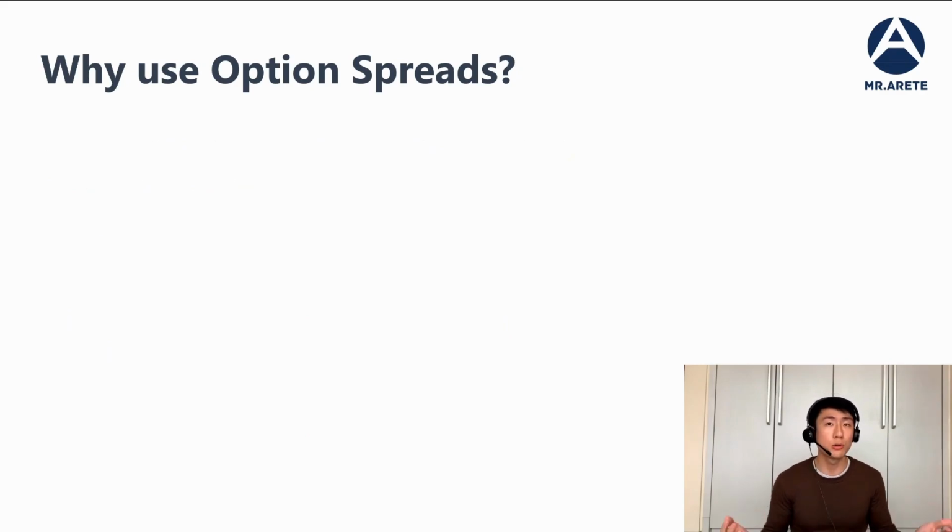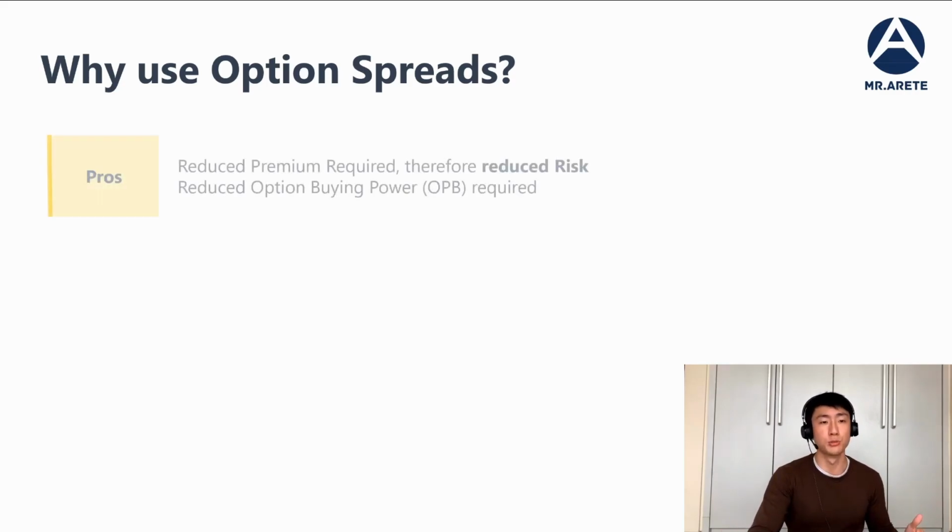So why do we want to use option spreads? First and foremost, option spreads are a core part of my options trading toolkit, and therefore it's important to know why we're doing it. The pros are we reduce the initial premiums required to enter the trade, and therefore we reduce the maximum risk we're exposed to.